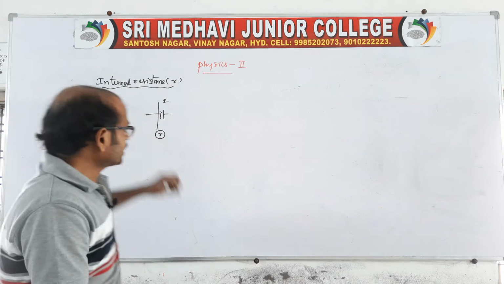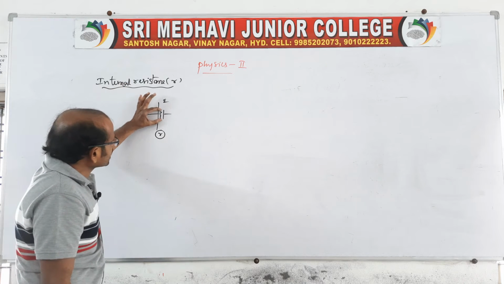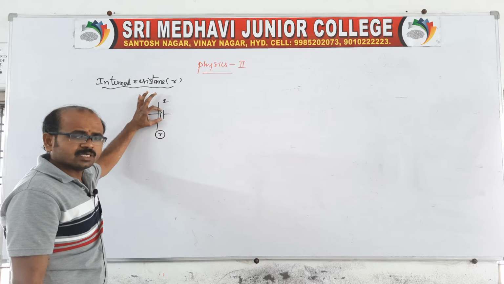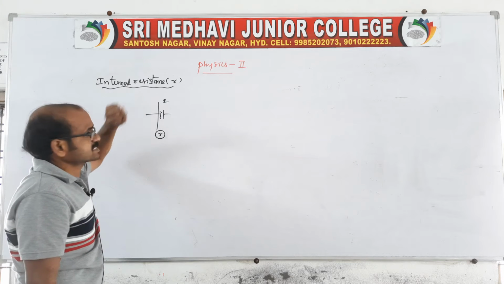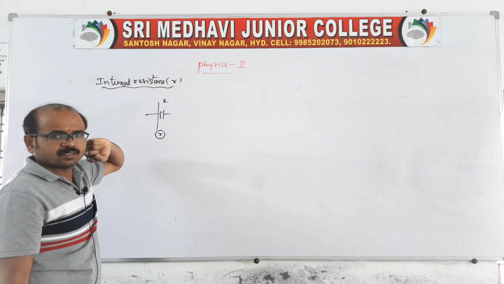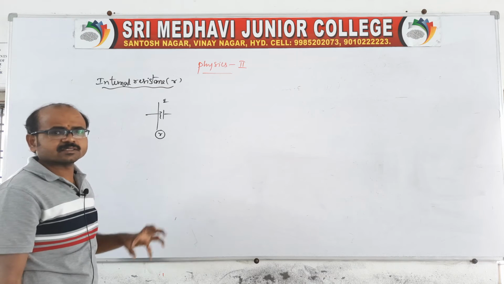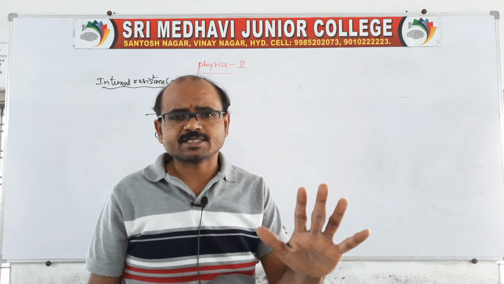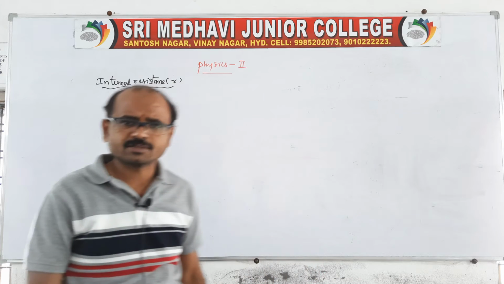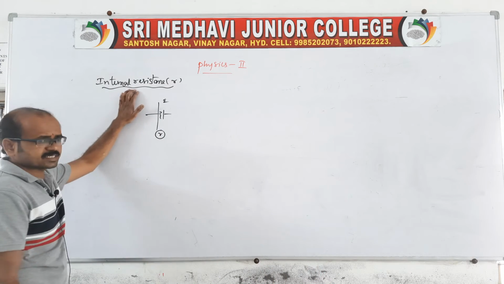So there will be an opposition offered by this electrolyte, which we call internal resistance. Clear? The opposition offered by the electrolyte is what we call the internal resistance.